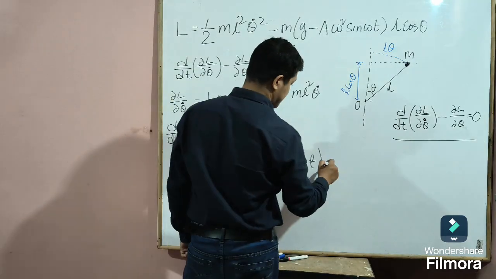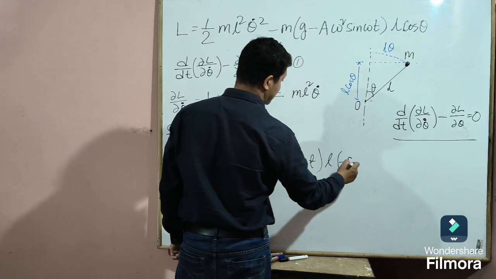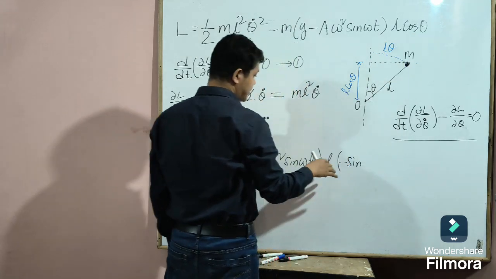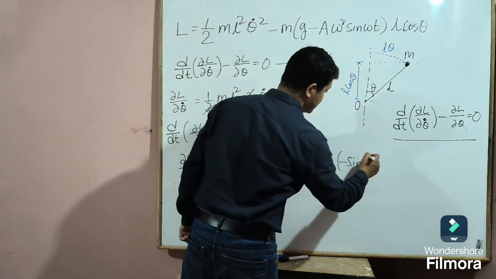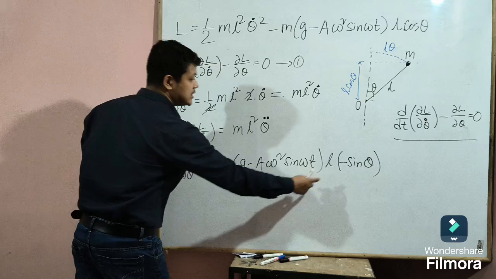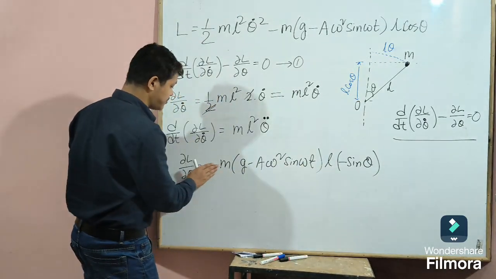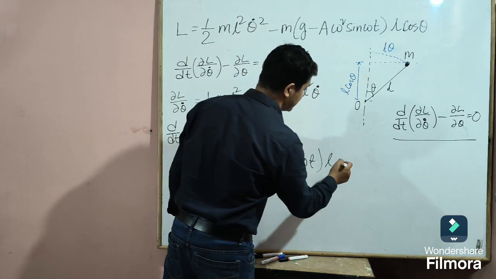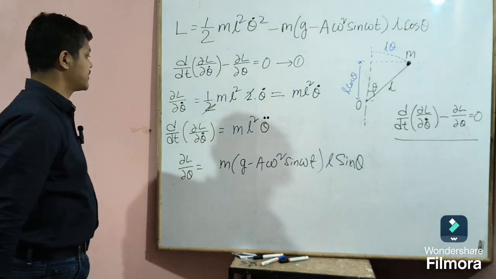The derivative of cos theta with respect to theta is going to be minus sine theta, right? And this minus and this minus is going to be plus, so we can write L sine theta simply, right? Hope you have understood this.